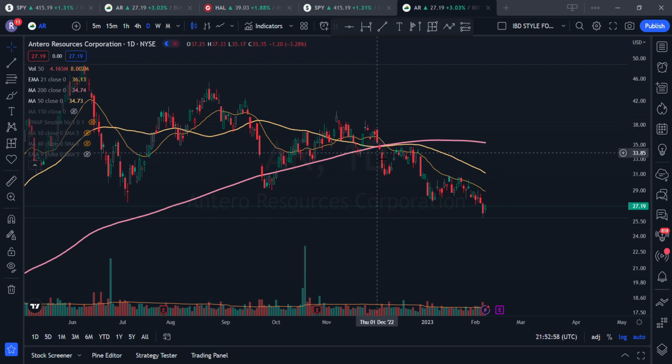And then I think I added some at 34, 32. Then in here I covered a third of my position. Once it came back here, I added more to it. So it's coming down nicely.